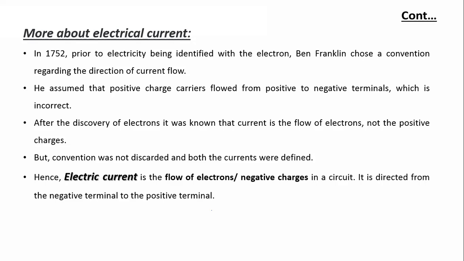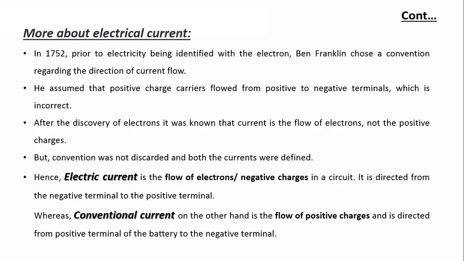So that was the electric current, whereas the conventional current, on the other hand, says that the flow of positive charges produces the current and it is directed from the positive terminal of the battery to the negative terminal, which was wrong. But you will see everywhere we follow the direction of conventional current through arrowheads because it has been used since the start and does not change.